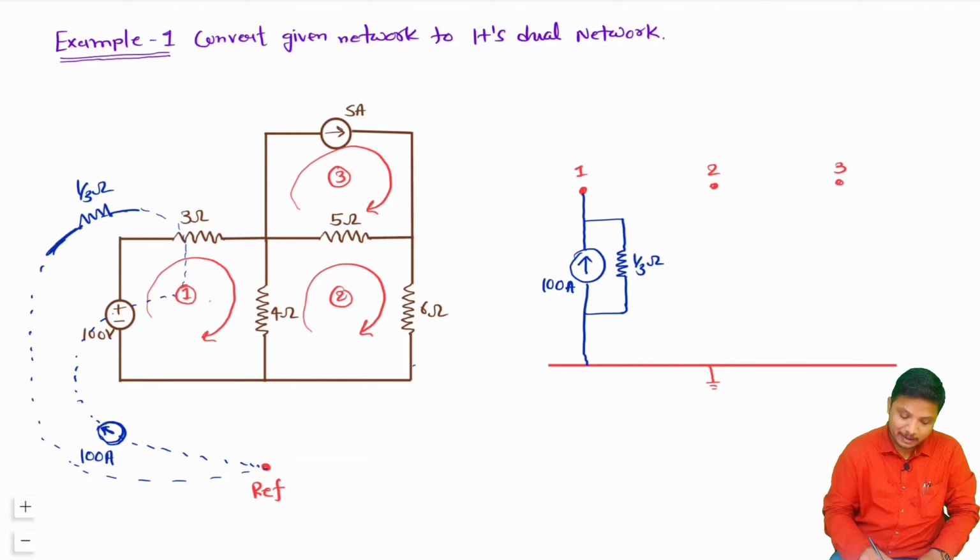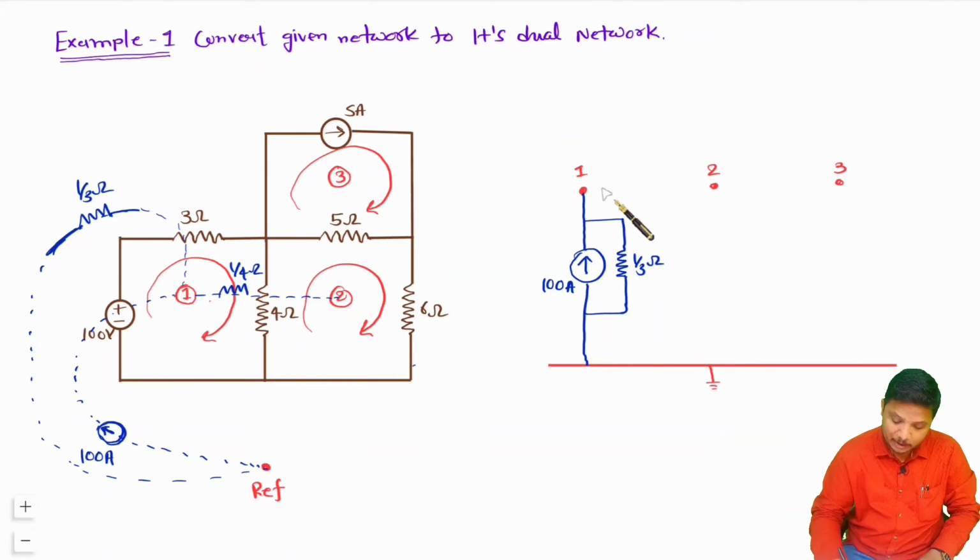Or you can say that it is there in terms of transconductance, right? Now if you see this 4 ohm resistor, that is in between 1 and 2 node. So I need to connect that in between 1 and 2 node, and this resistor will get converted into transconductance of value 1 by 4 ohm. So in between 1 and 2, now I am connecting transconductance of 1 by 4 ohm.